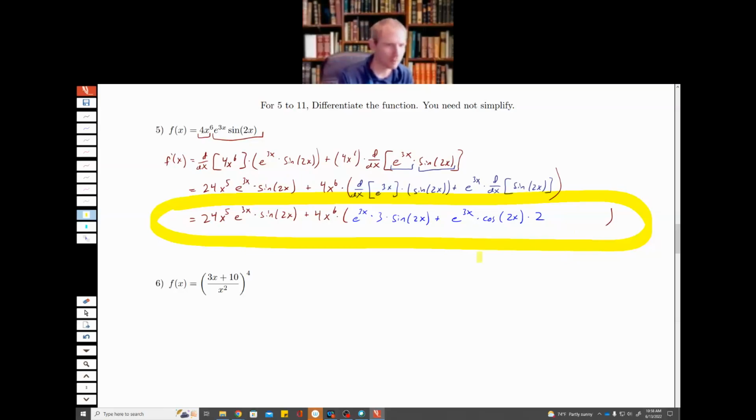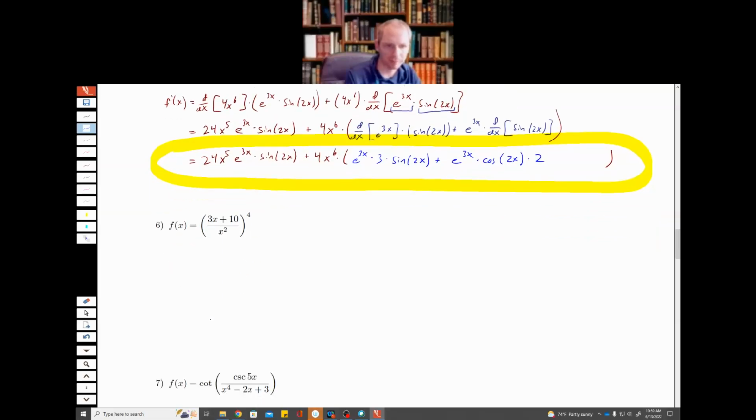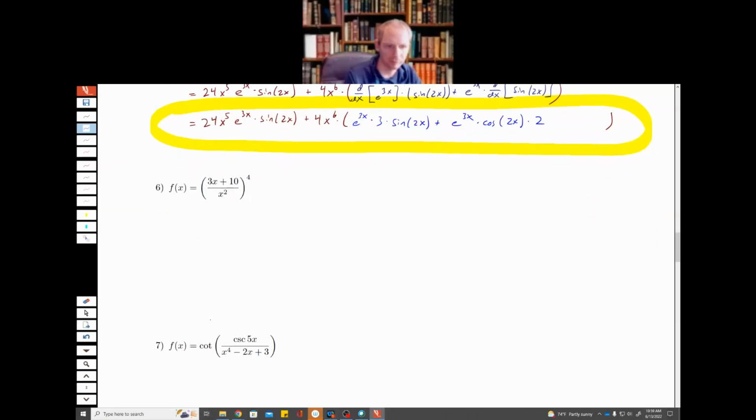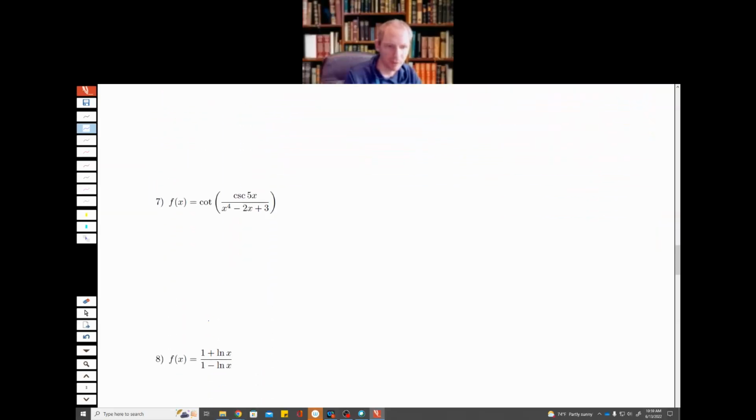Okay, another review question. Number 7. When I look at this, I've got a bunch of stuff inside the cotangent function.